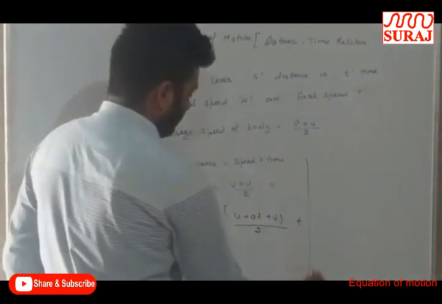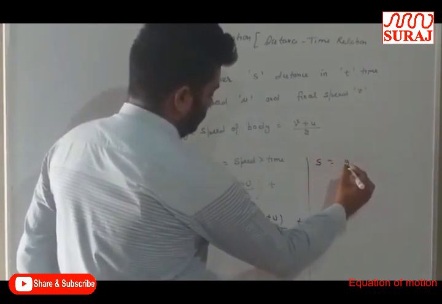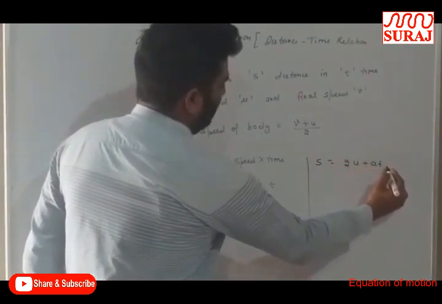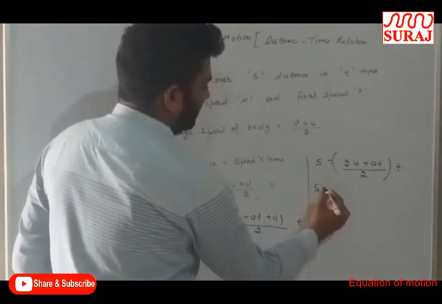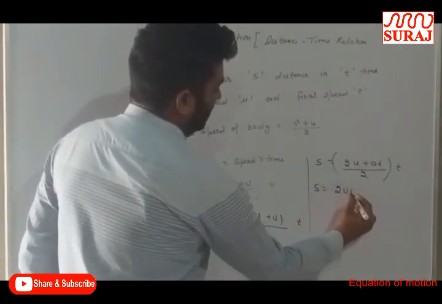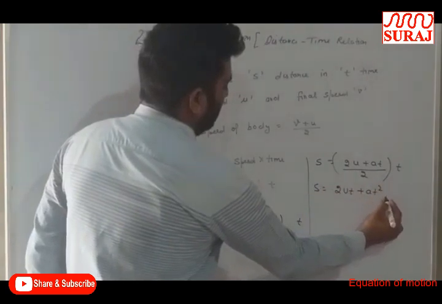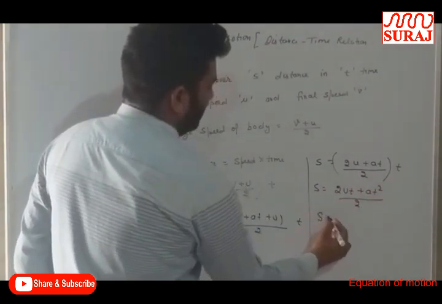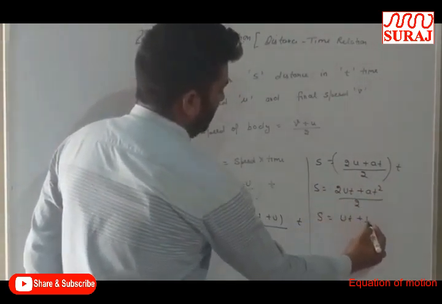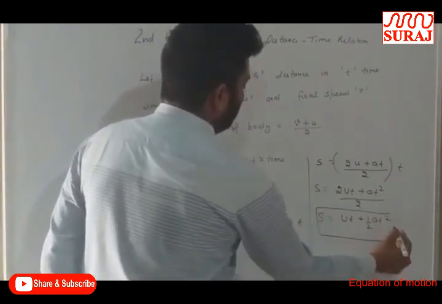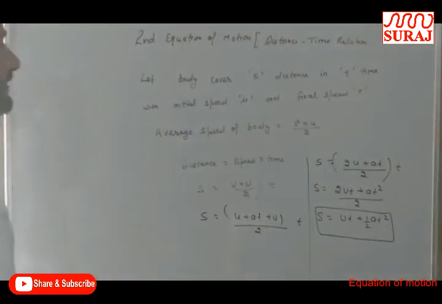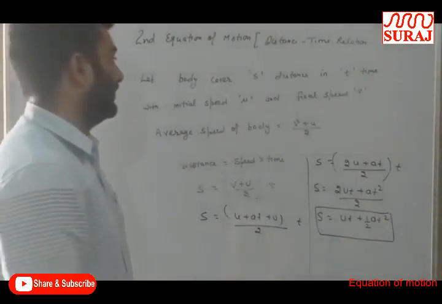Now from here we can say that s is equal to 2u plus at divided by 2, into time t. So s is equal to 2ut plus at square by 2, and s is equal to ut plus half of at square. This is the second equation of motion, and this equation is known as the distance time relation.